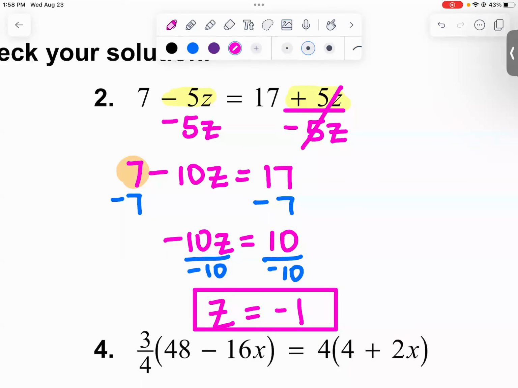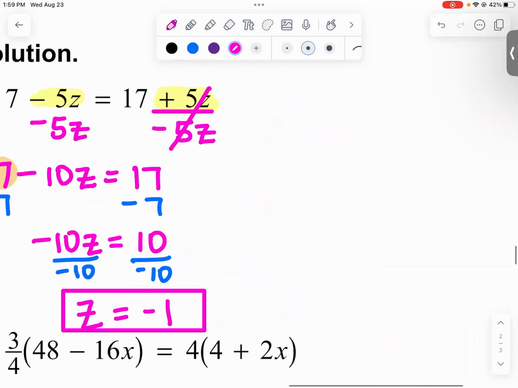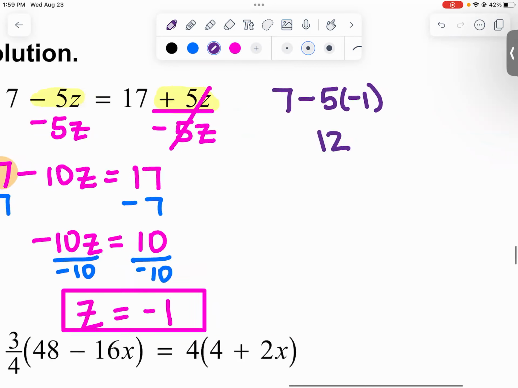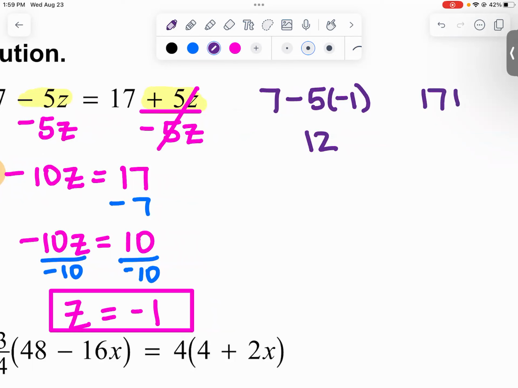I don't know. Positive. No, it isn't. I think that would be +12. Okay, what about 17 plus 5 times -1?